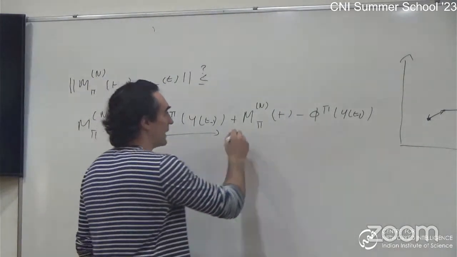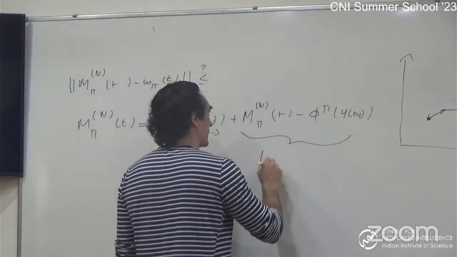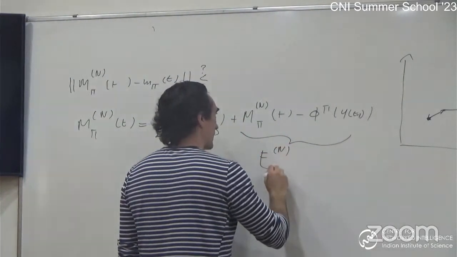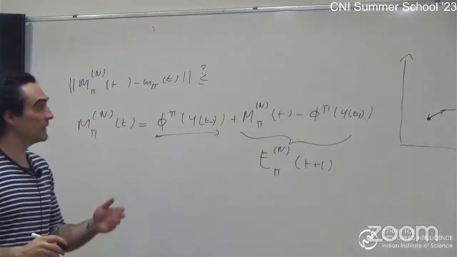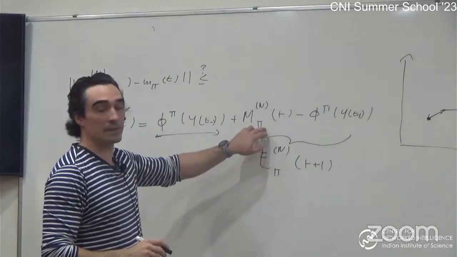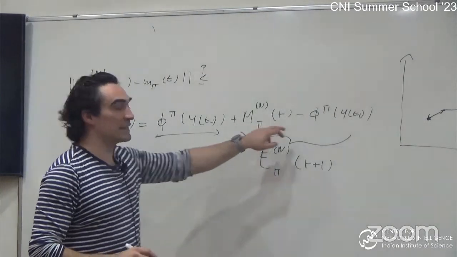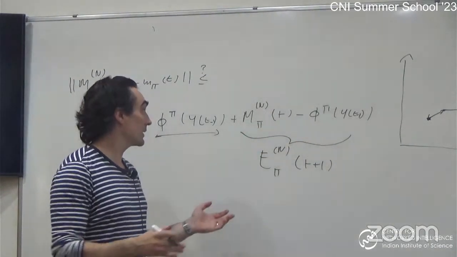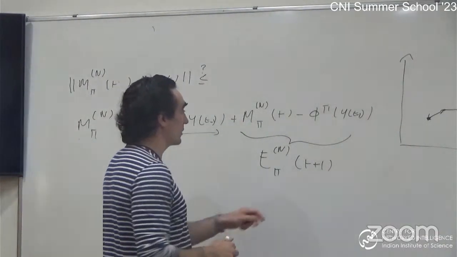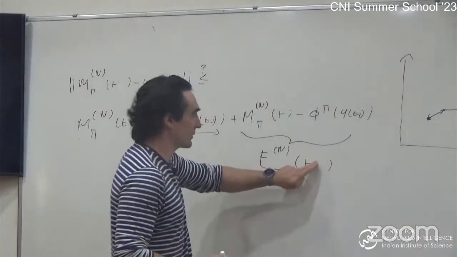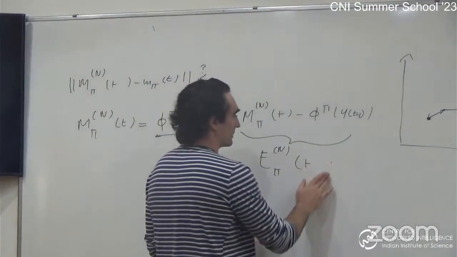So this I will call E pi of t plus 1. Basically, this is the error related to the stochastic process. Sorry, I was thinking t plus 1.